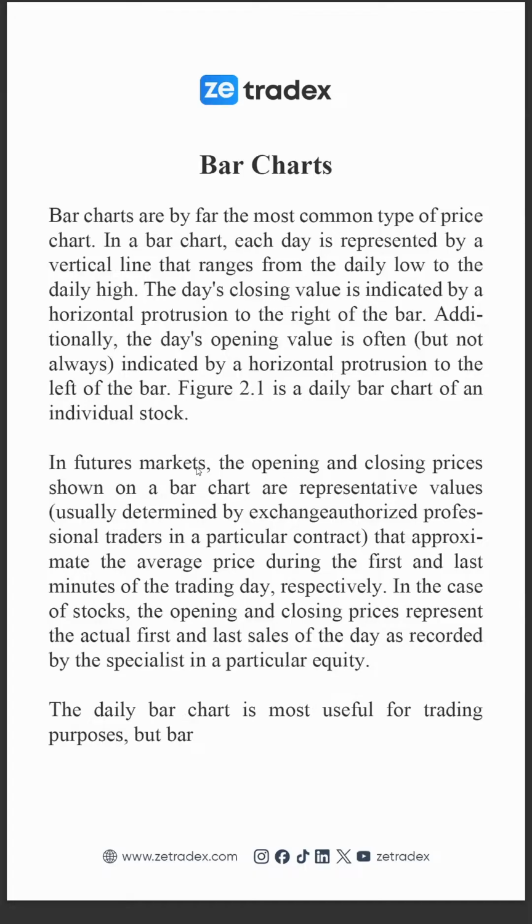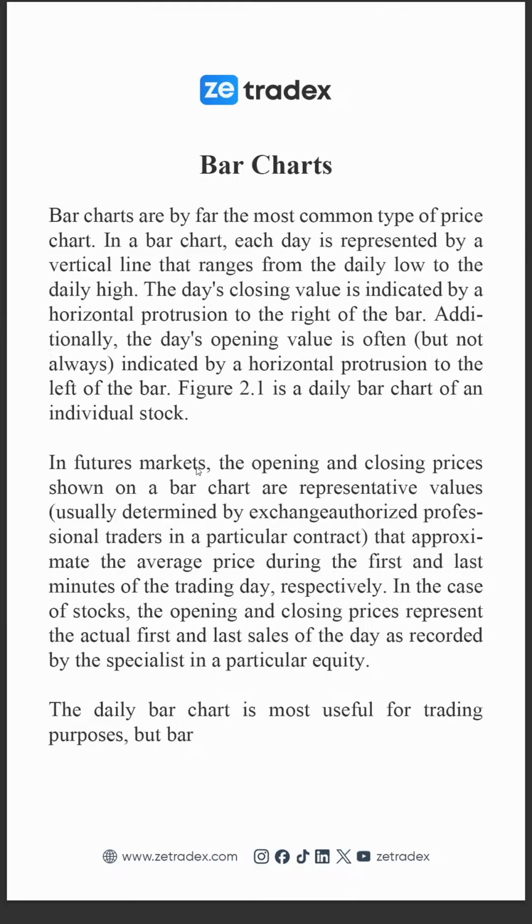Bar charts, very importantly, are by far the most common type of price charts. In the bar chart, each day is represented by a vertical line that ranges from the daily low to the daily high. The day's closing value is indicated by a horizontal protrusion to the right of the bar. Additionally, the day's opening value is often, but not always, indicated by a horizontal protrusion to the left of the bar.